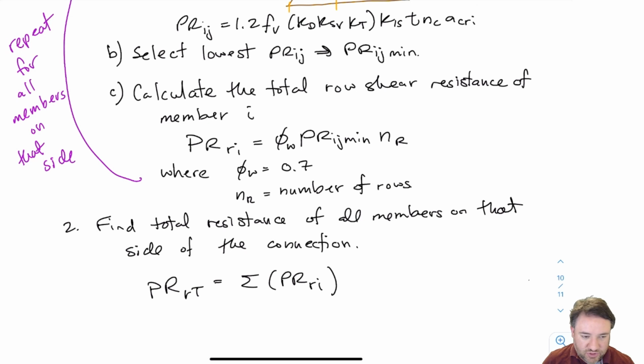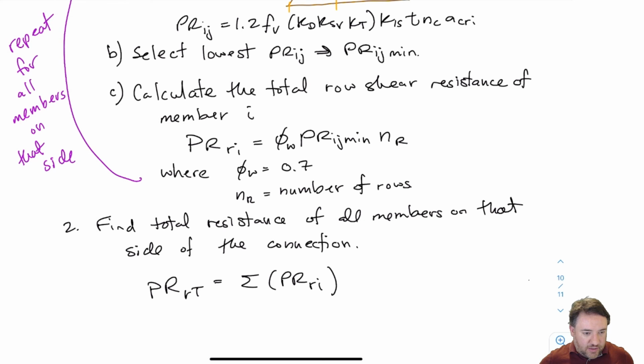If I have 2 members, I just add those strengths together and I get my total row shear resistance for that side, either the left side or the right side. If I have wood members on both sides of the connection, I'm going to have to repeat this entire process for the other side. And that's it. Once I have PRRT, that's my row shear strength for that side.